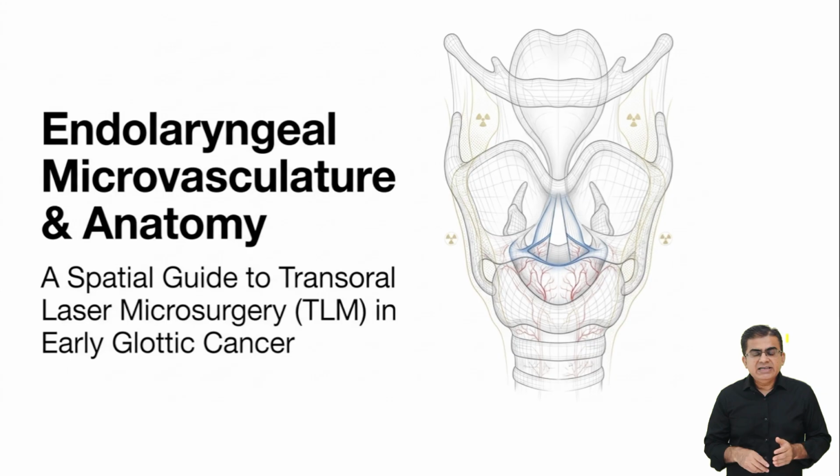If you do not know these hidden structures, you will fail. You will either leave residual cancer behind or you will permanently destroy the patient's voice. This part of the lecture will act as your spatial guide to the larynx. Let us now learn this anatomy in a completely new way.